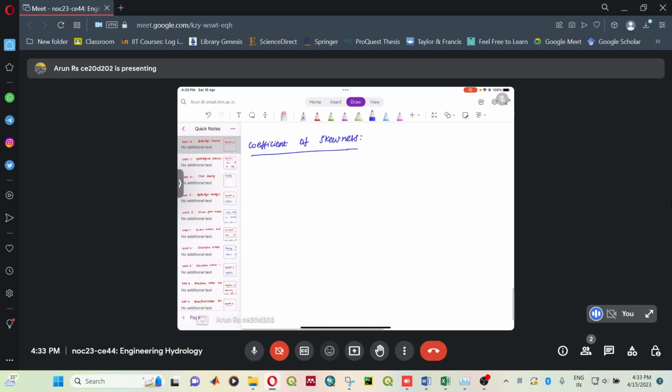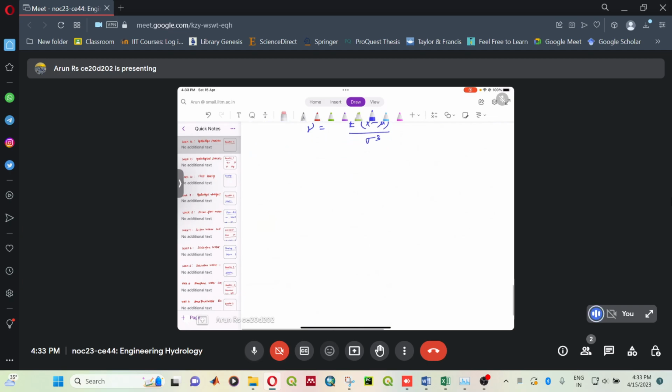So the coefficient of skewness is given by the equation E of x minus mu the whole cube divided by sigma cube. Now we have the standard deviation, but we don't know what is E of x minus mu the whole cube. So we need to find out what is E of x minus mu the whole cube.